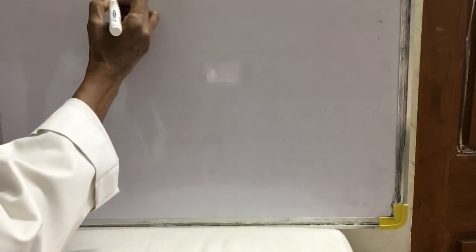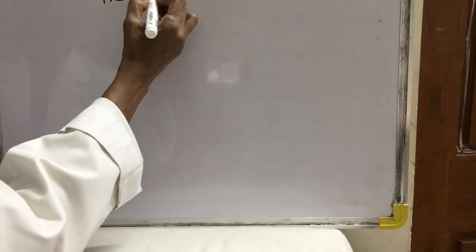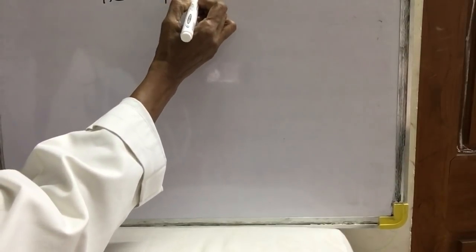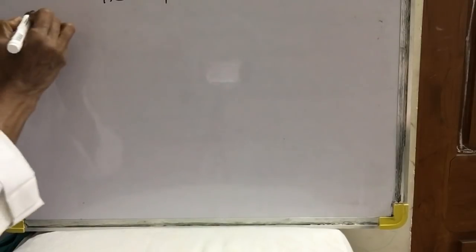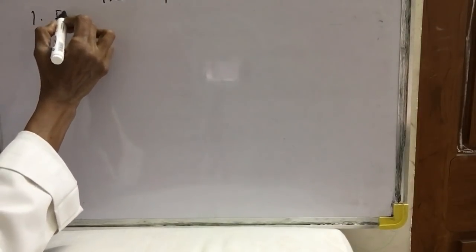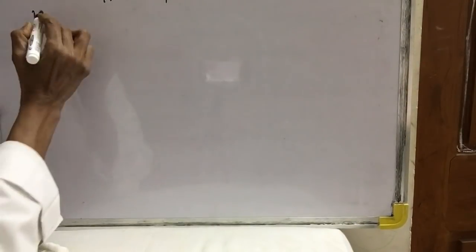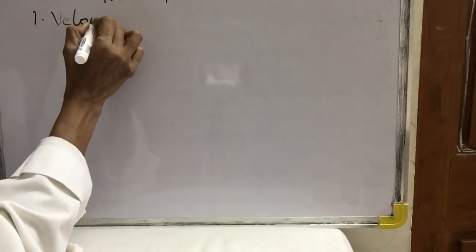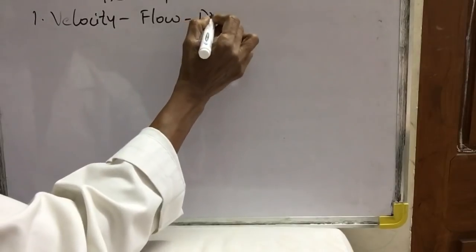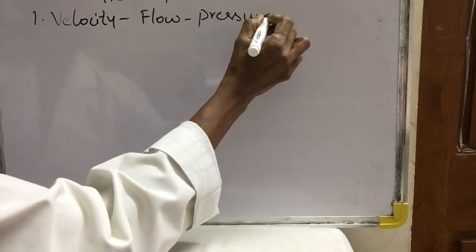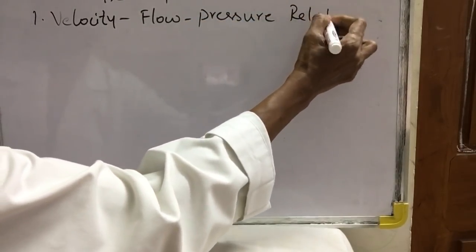Now in hemodynamics part 2, we'll talk about the velocity, flow, and pressure relationship.